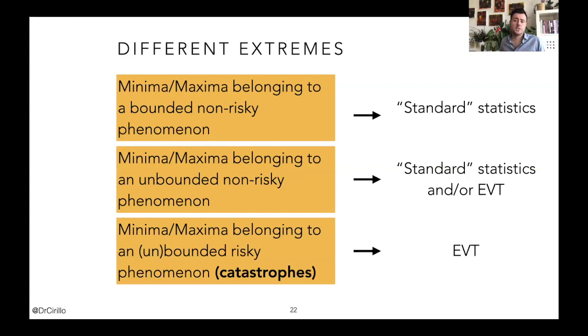So imagine that you are interested in modeling the number of casualties in armed conflicts and wars. This is a work that I performed together with Professor Nassim Taleb.